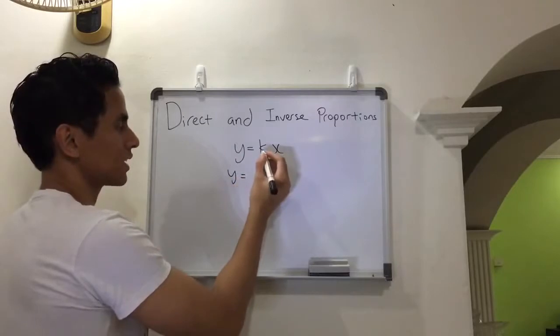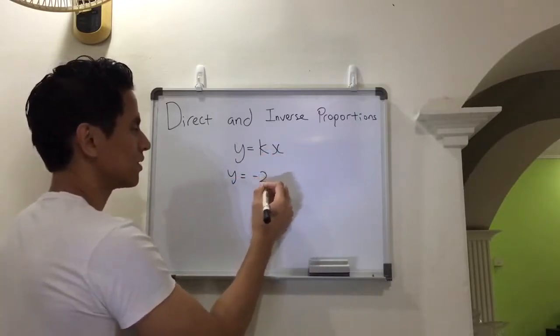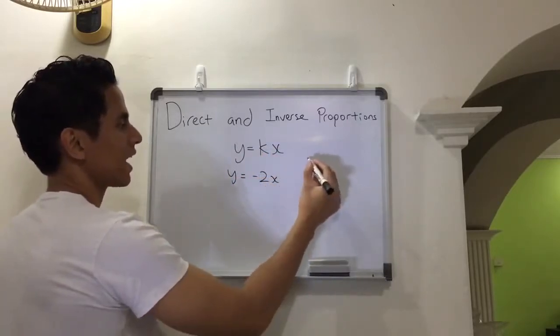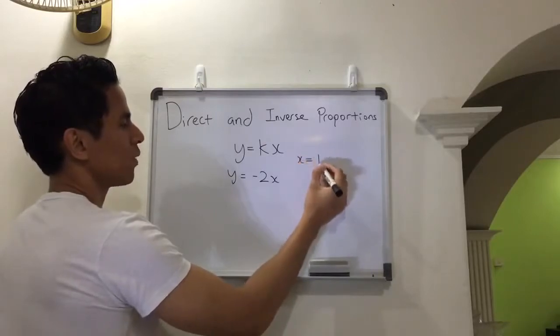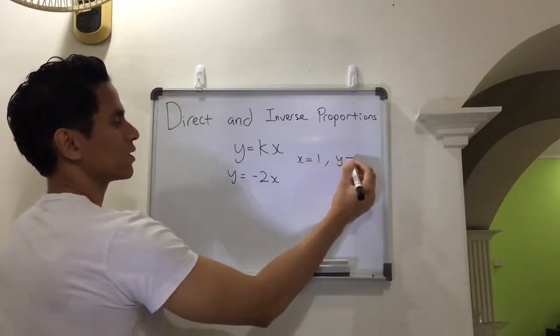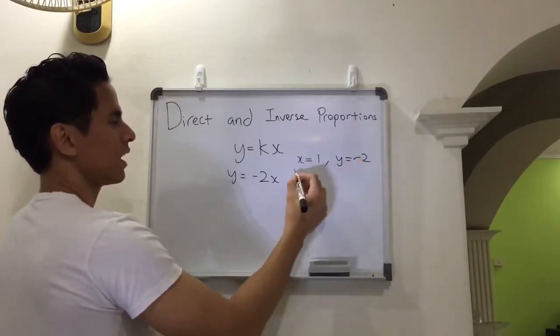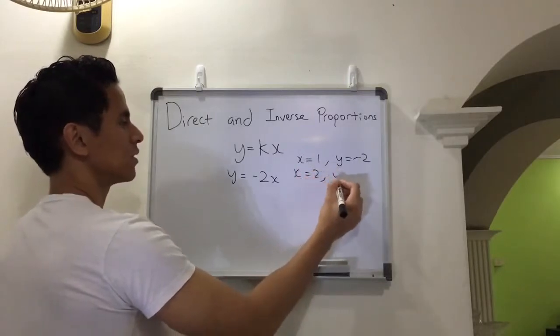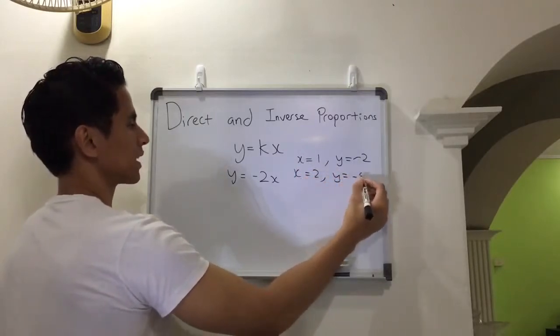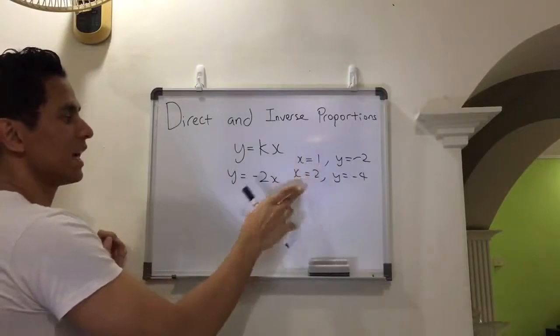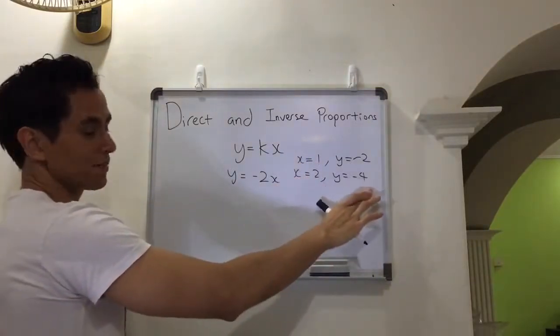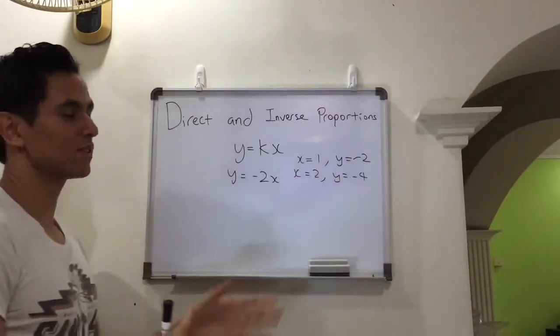y equals, k was instead, let's say, negative 2x. When x equals 1, y equals minus 2, and when x equals 2, y equals negative 4. So as you can see, as x goes up, the magnitude of y goes up, even though it's negative.